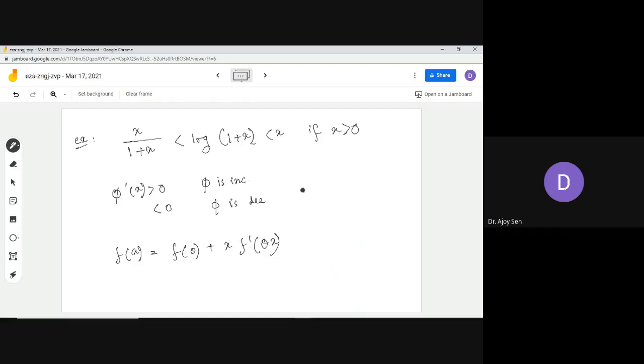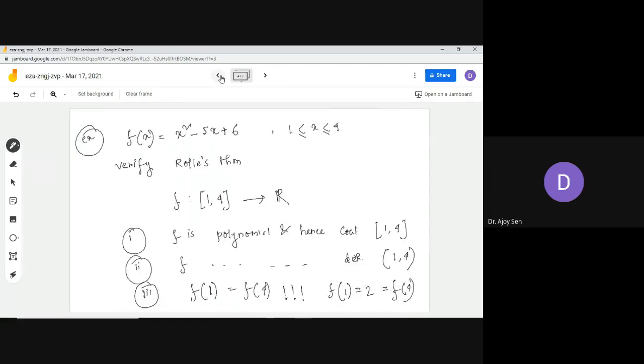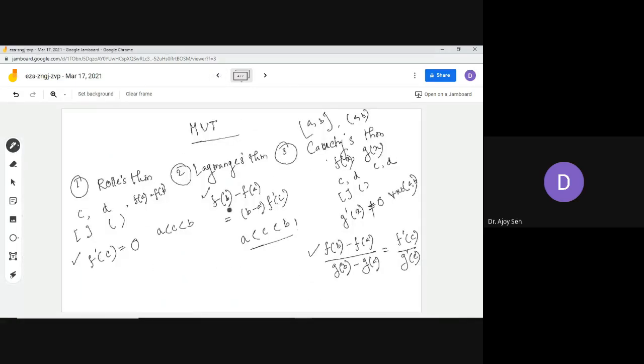If you remember, on the previous page, whenever I wrote this Lagrange's MVT, I wrote f(b) minus f(a) is equal to (b minus a) into f dash c. So in place of b, I have taken x, and in place of a, I have taken 0.